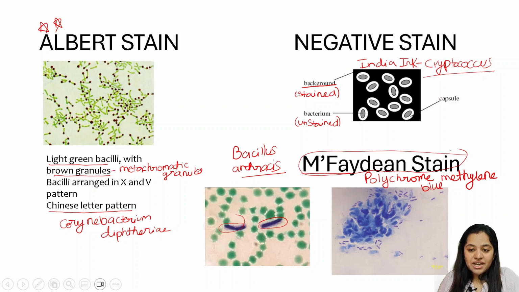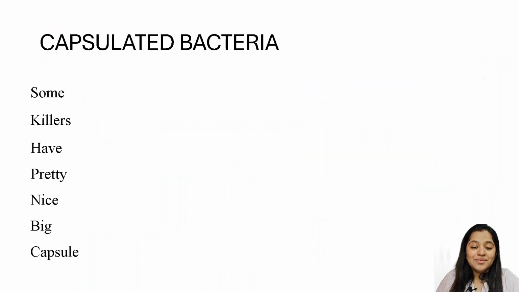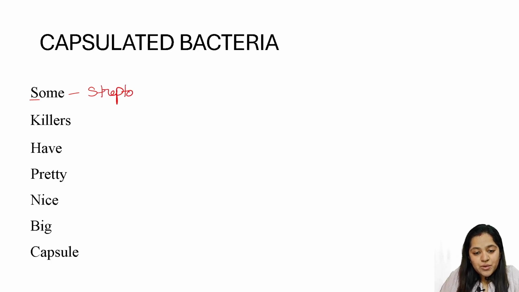Now, since we have talked about the capsulated organisms, let's talk about the list of the organisms which are capsulated. We have a very good mnemonic for that. That is, Some Killers Have Pretty Nice Big Capsules. So, S for Some, and S stands for your Streptococcus pneumoniae, also known as pneumococcus.